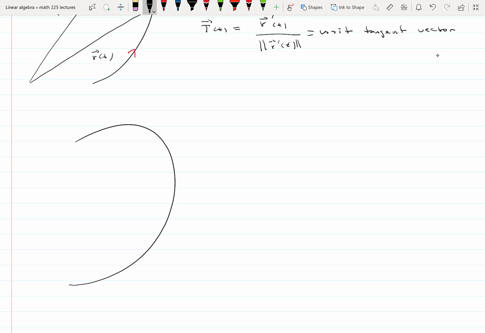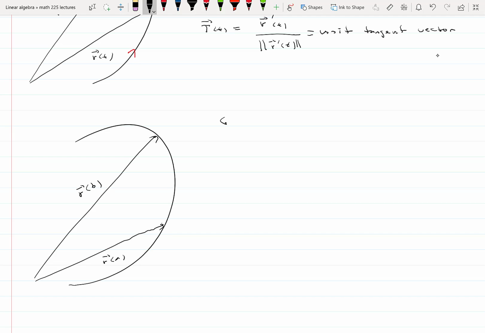We're still given a space curve, and our first interest in this section is to find the arc length of the curve between two given position vectors. So we have a position vector, let's say r at time equals a, and another position vector at some time later, r of b.